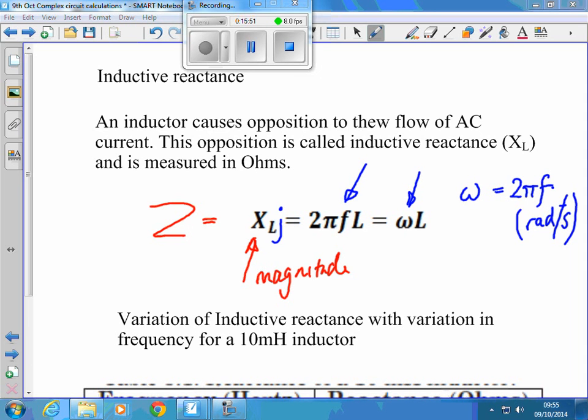Quite often, in fact the biggest majority of the time, it's easier to work in omega initially and only use that formula if you want to know what the frequency f is in hertz, because it just takes pi out of the equation.